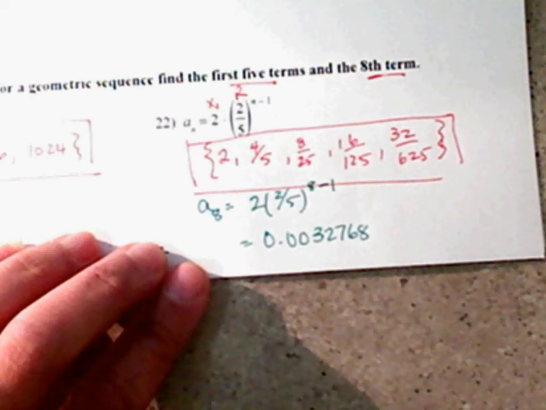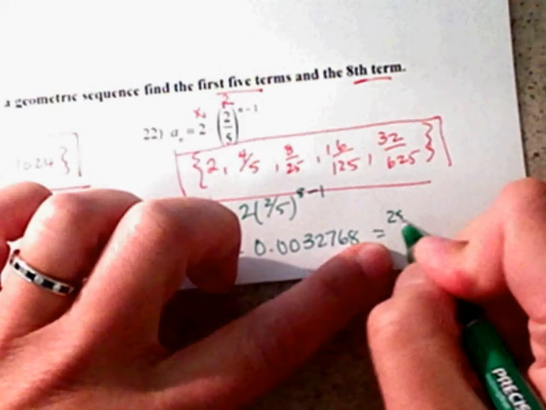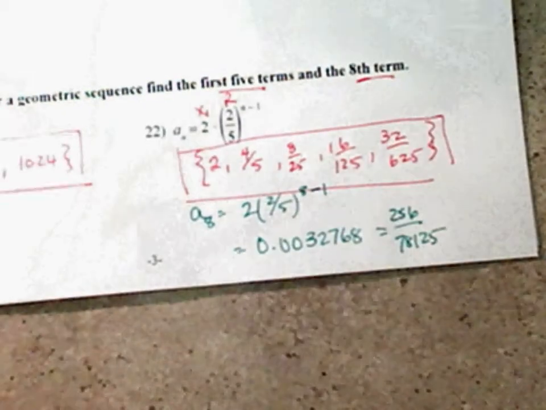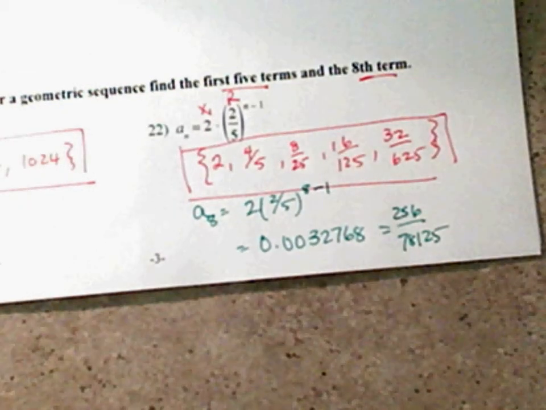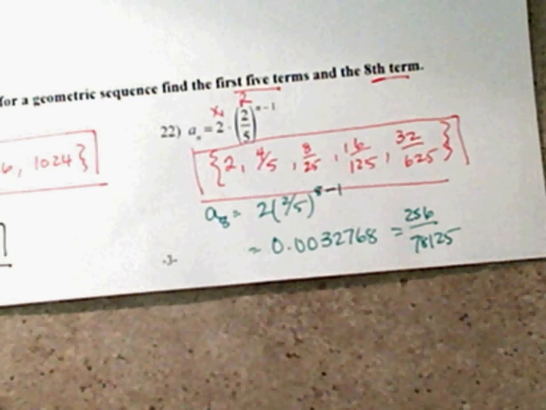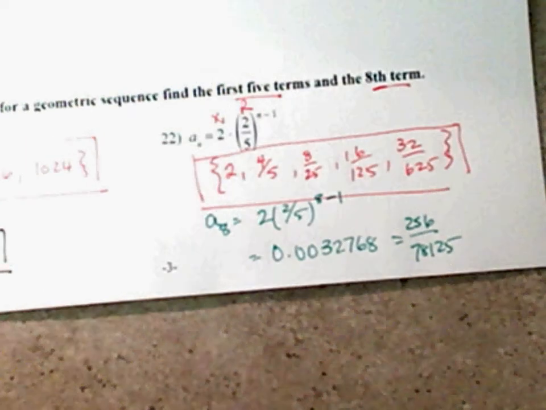By the way, this comes out to be 256 over 78125. Let me check my math. Well, mine doesn't convert to a fraction, but there you have it. Okay? Good luck.